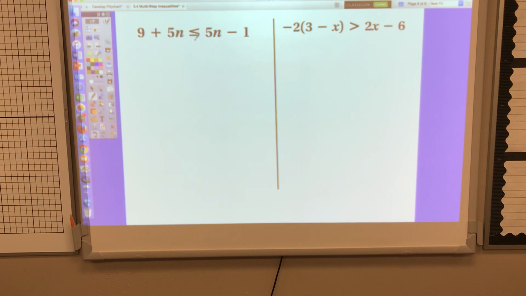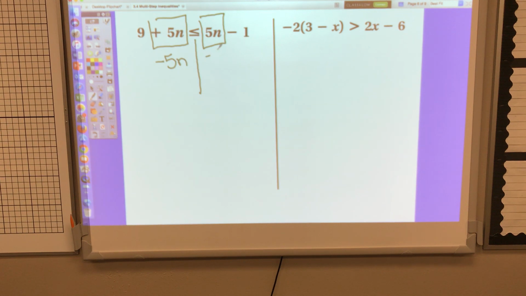When I look at this first inequality, I have 9 plus 5n is less than or equal to 5n minus 1. There's no parentheses, there's no like terms, but I have variables on separate sides. Both those variables are the same, so I really don't need to do any work, but if the work helps you, do it. So I need to get rid of a 5n.